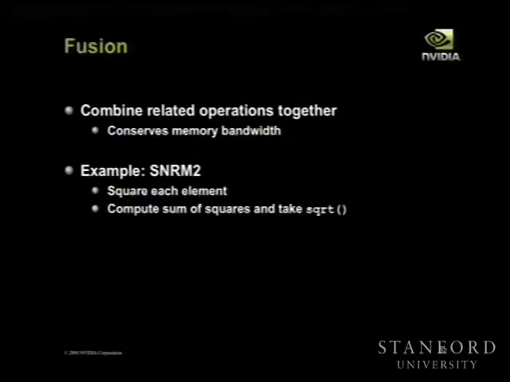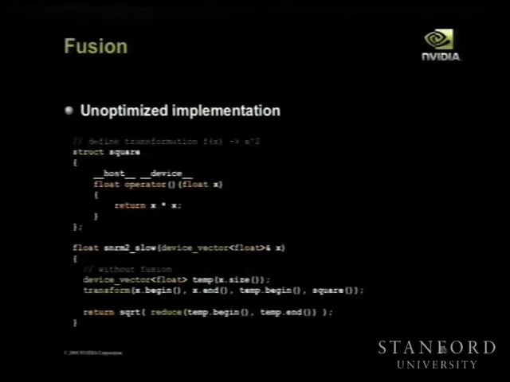So a simple example of Fusion is if we want to compute, say, the norm of a vector. The mathematical norm here is just you take the sum of squares and then you take the square root of that. And if you do this naively, in 2 separate operations, as I've illustrated here, it's not terrible. The GPU is very fast, has a lot of memory bandwidth, so you may not even notice. But it's quite bad.